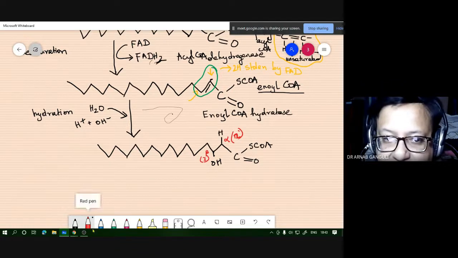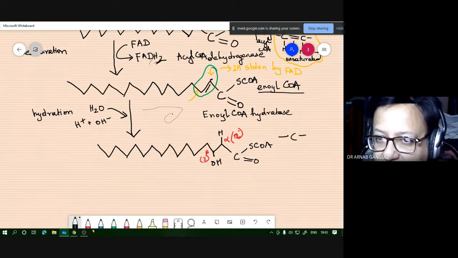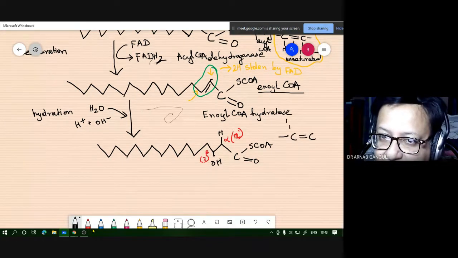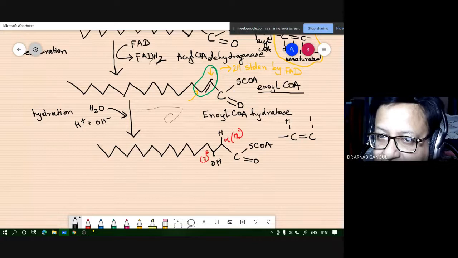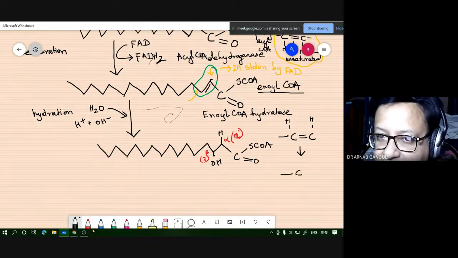So essentially, if I draw the structure in a normal way, you have a double bond formed over here, and it becomes CH.